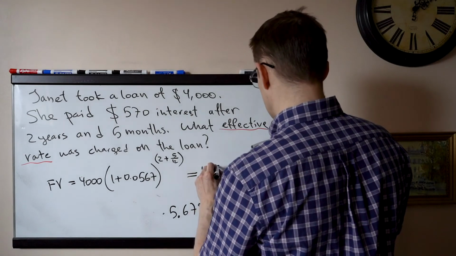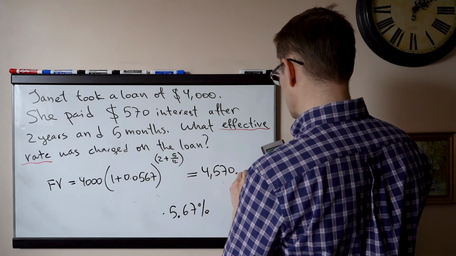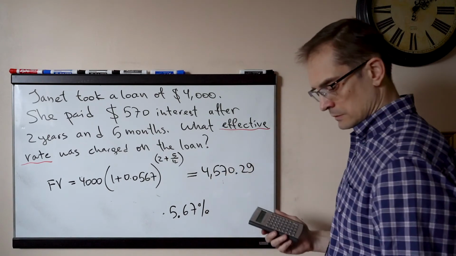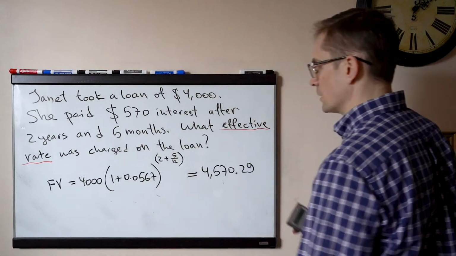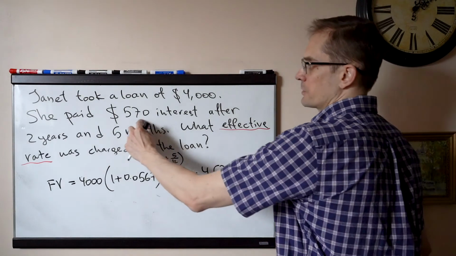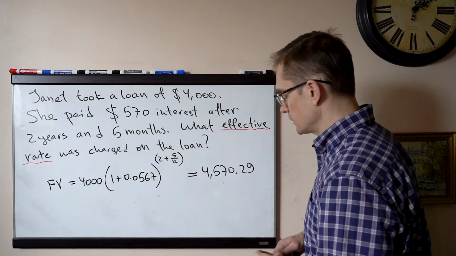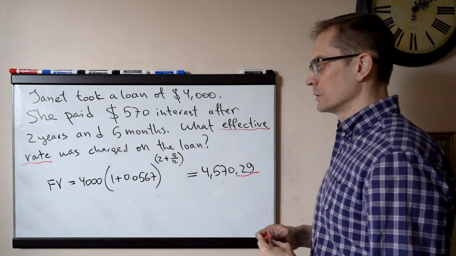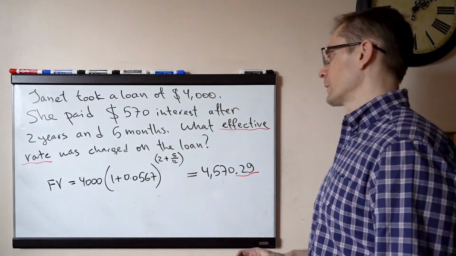So 4,570.29. You can see that, of course, this corresponds to this interest, but we have that extra 0.29 here due to some rounding of the effective rate.